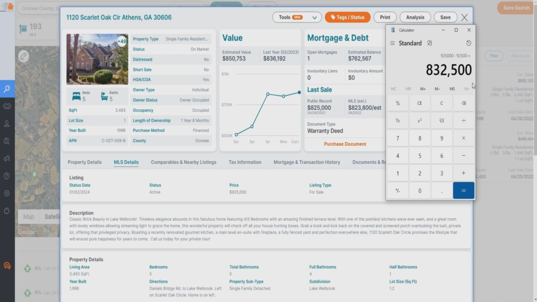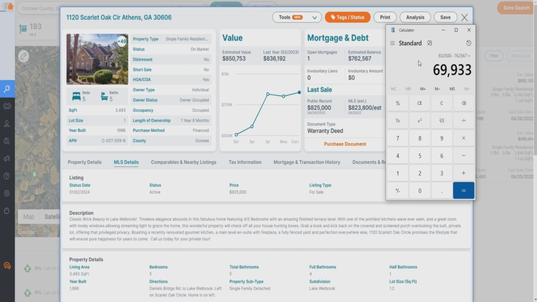So in this example, there is going to be a seller carryback, because if I give the seller 10% down on the equity that they do have, they'd still have a seller carryback of about $70,000. So there would be a note in second position for the remainder equity that the seller is owed.